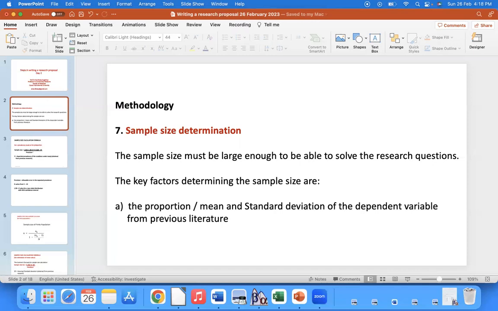When we say that alpha error is less than 5%, the confidence level is 95% or more. Understood? Confidence level will become 95% or more when alpha error is 5% or less. When beta error is less than 20%, power will be 80% or more. So alpha error is inversely proportional to confidence level.